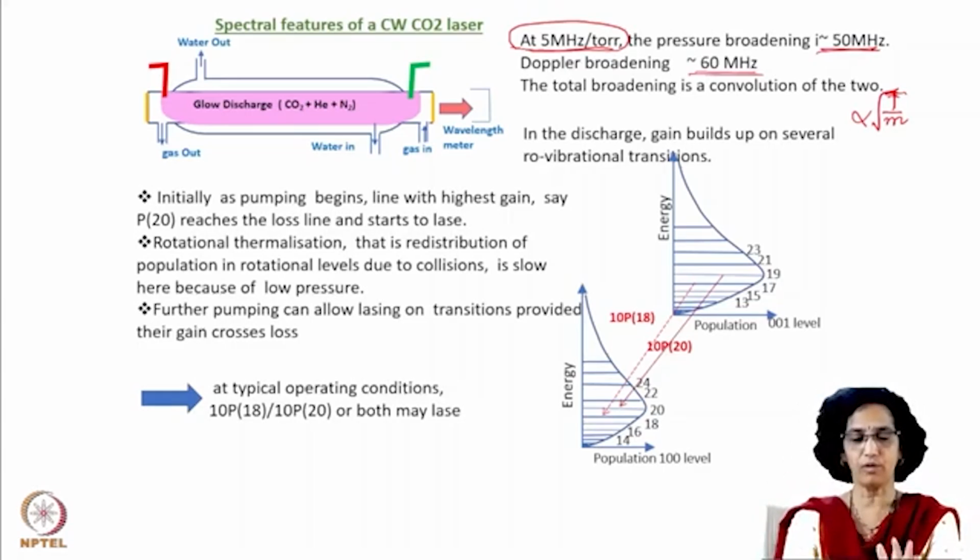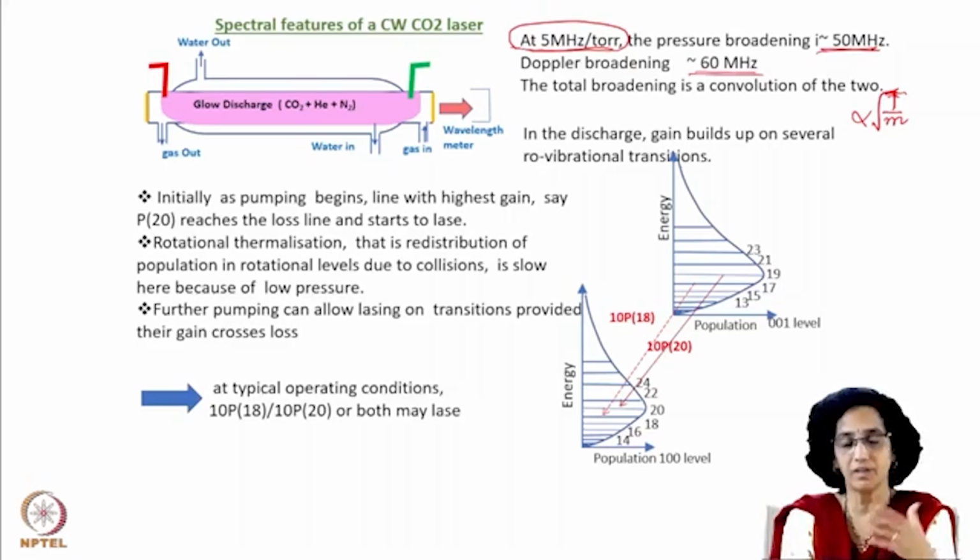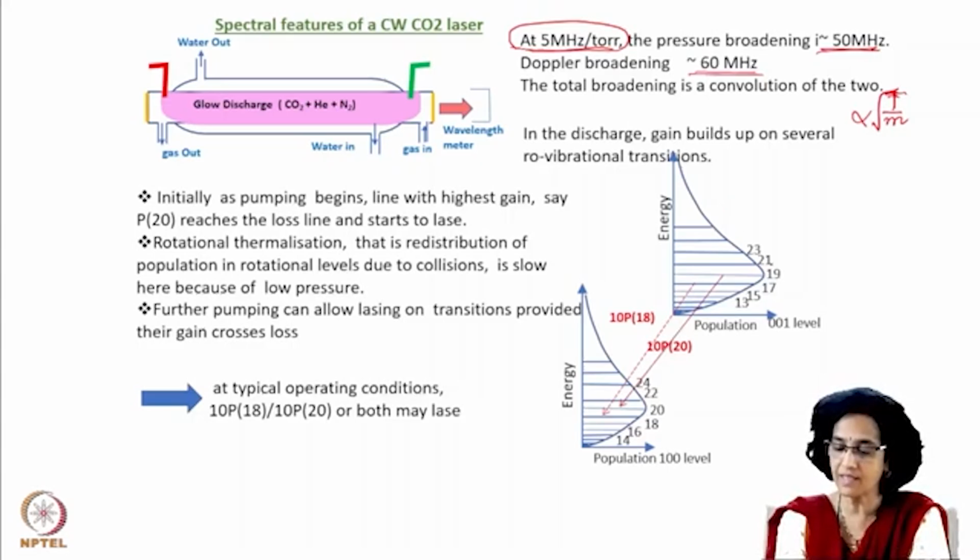So we already saw that when we create inversion in a CO2 laser, whether it is CW or pulsed, various rotational levels get populated in the lower as well as upper level. We assume that in the lower level, that is 100, for example, here, the population is very small. Maybe you should not even consider it.